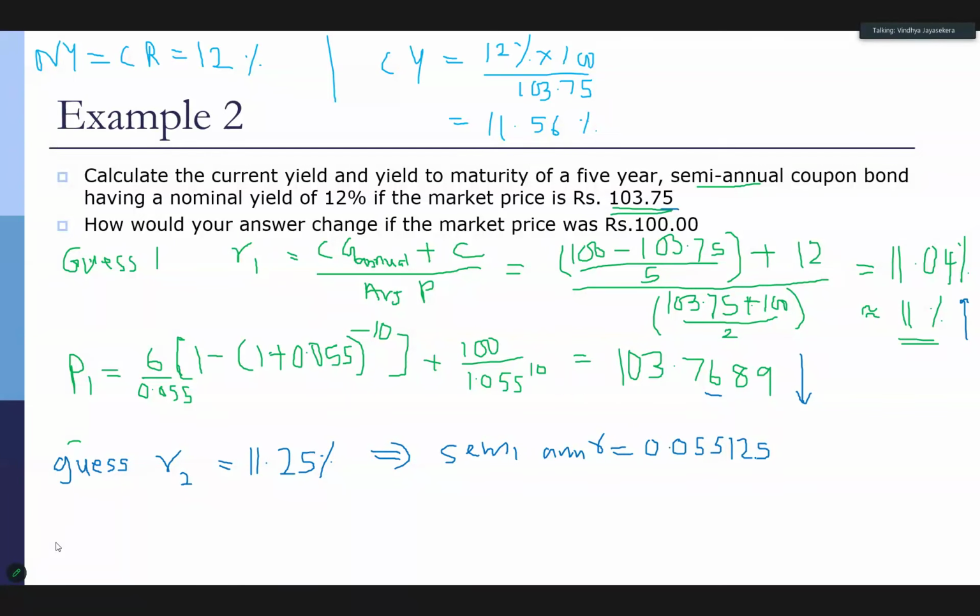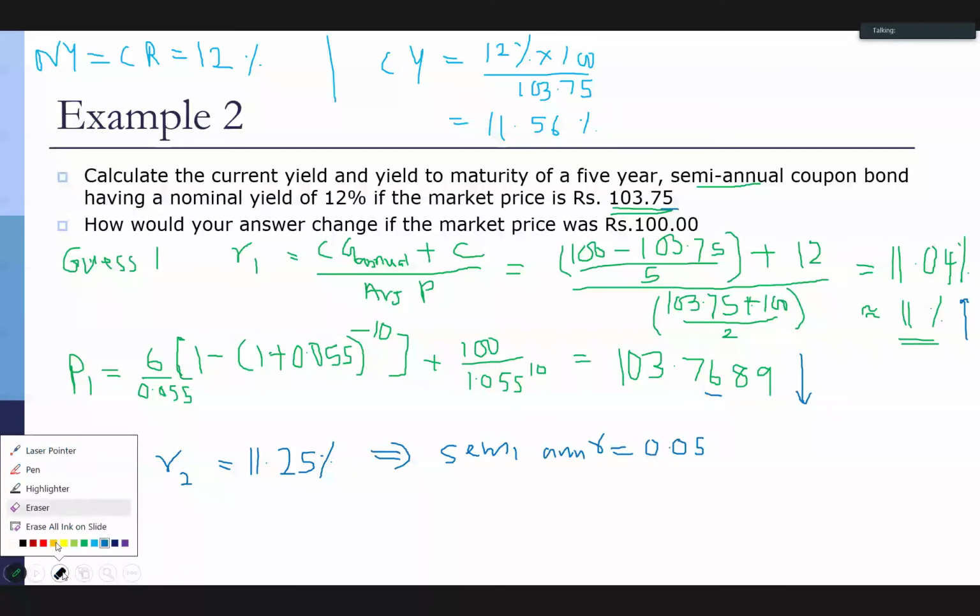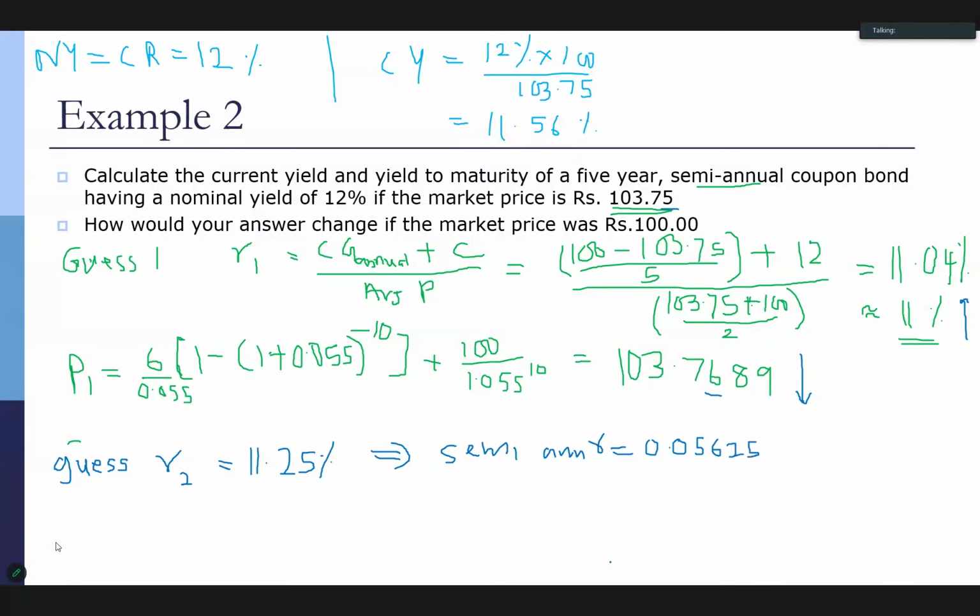Am I right? Yeah. 0.05625. So we use this to guess P2.